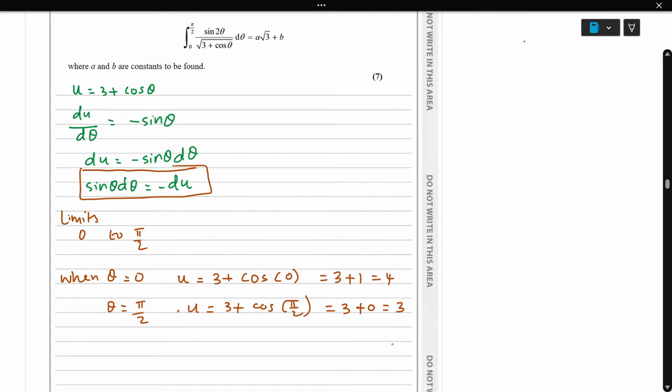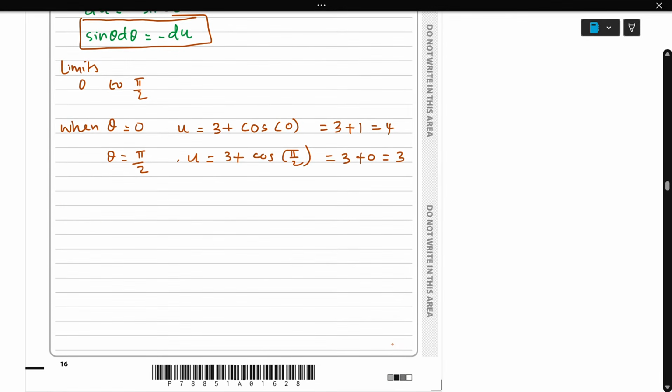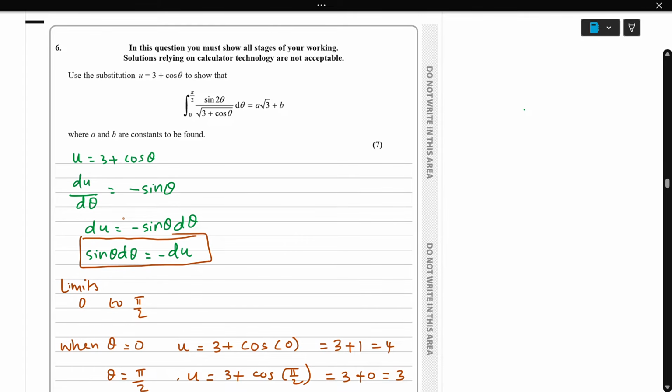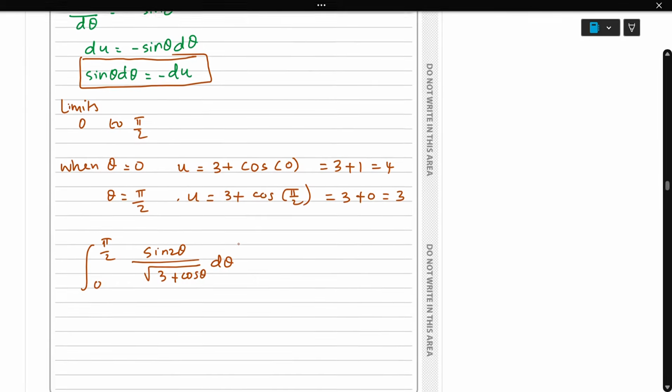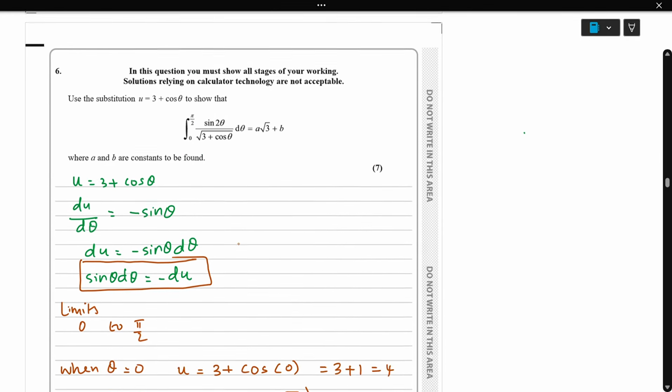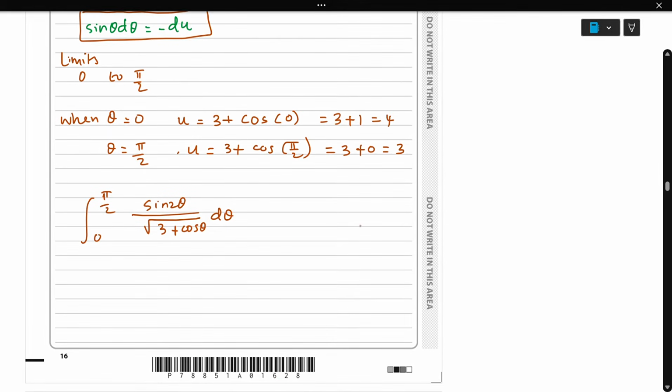Okay, now we go for the question: integral 0 to pi by 2 of sin 2 theta by square root of 3 plus cos theta d theta. We need to simplify, and the final answer we have to give as a root 3 plus b, where a and b are constants.